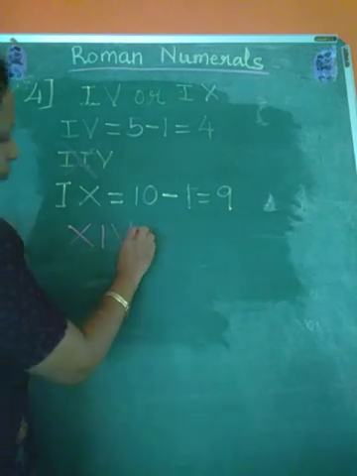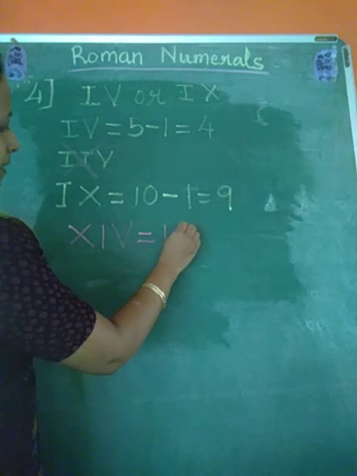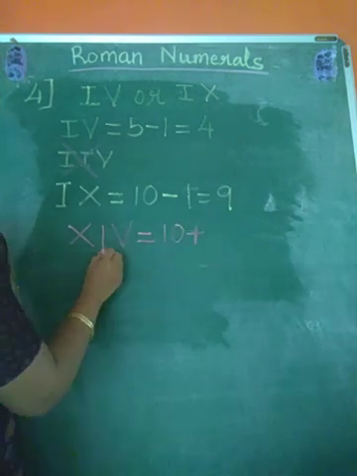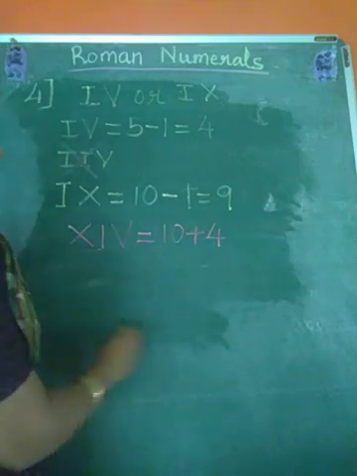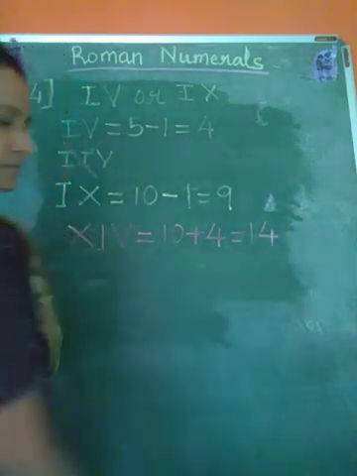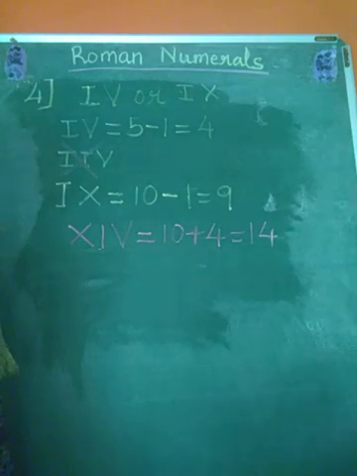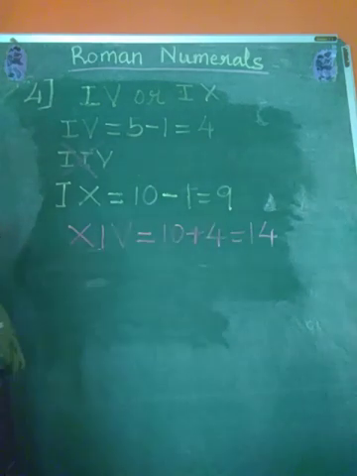So this total comes to 10 plus IV, which is 4. So the total becomes 14. So this is how you are supposed to write.